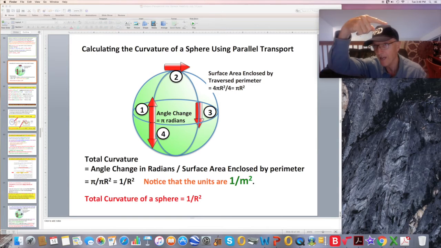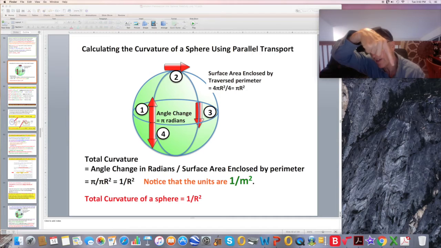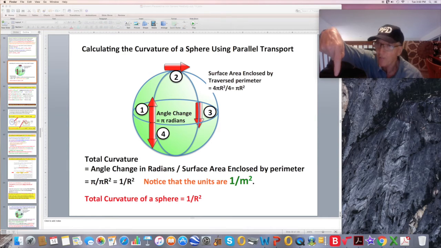Then I go down, down, down on the other side. My finger's on the equator again, but it's pointing straight down now rather than straight up. Then I go around the circumference of the equator to where I started, and my arrow is still pointing down.